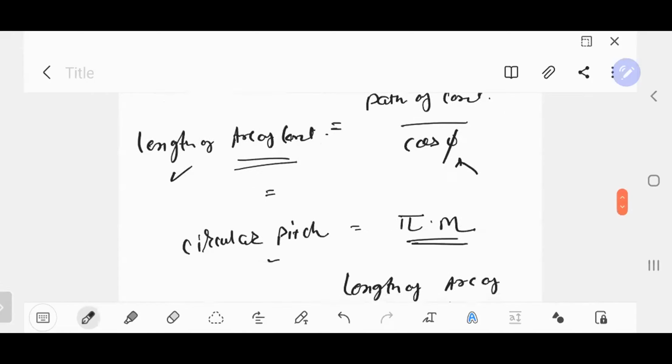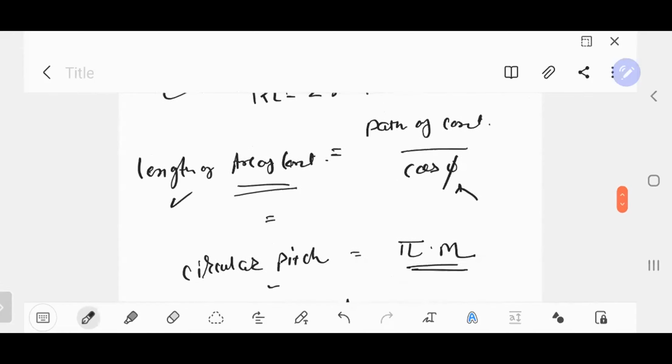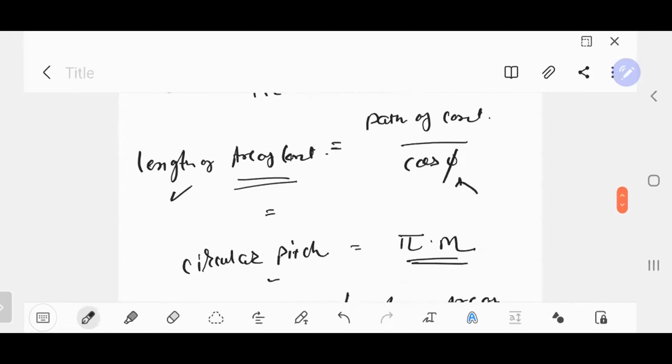28.92 divided by cos phi. How much? Yes, cos 20. 30. So this is the length of arc of contact, right? All the answers in mm, right?